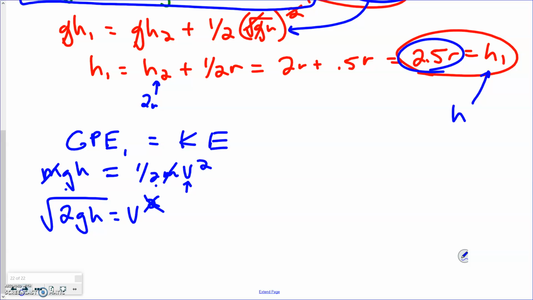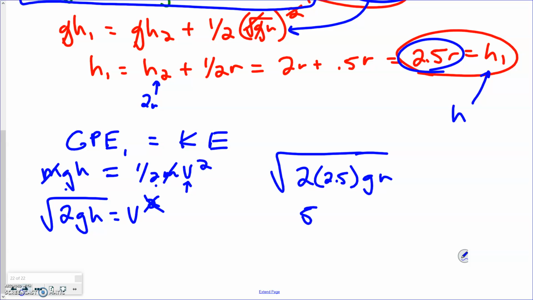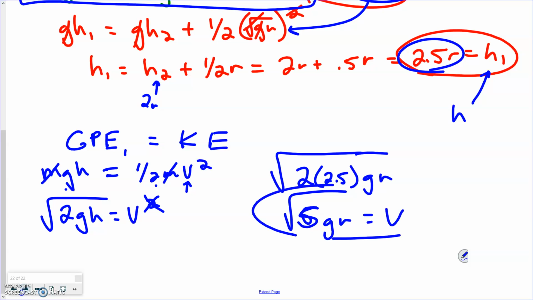So square root 2 times 2.5 times g times r. To clean it up, we get square root 5gr, right?